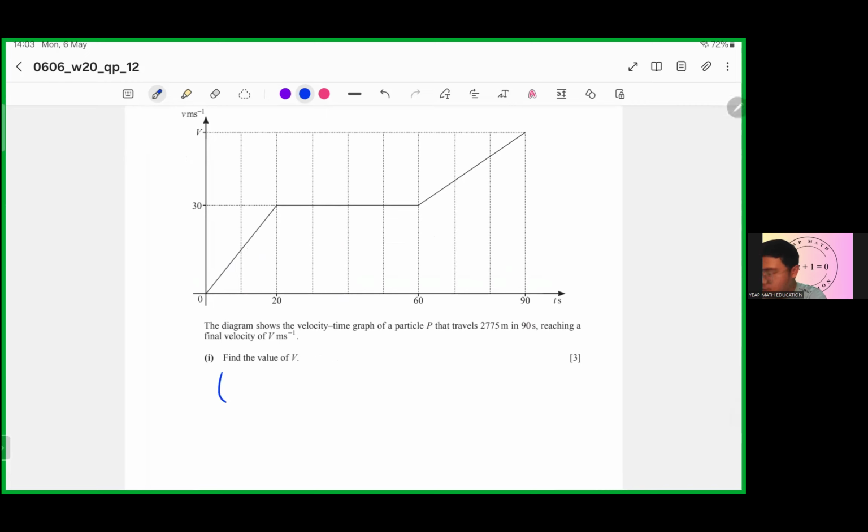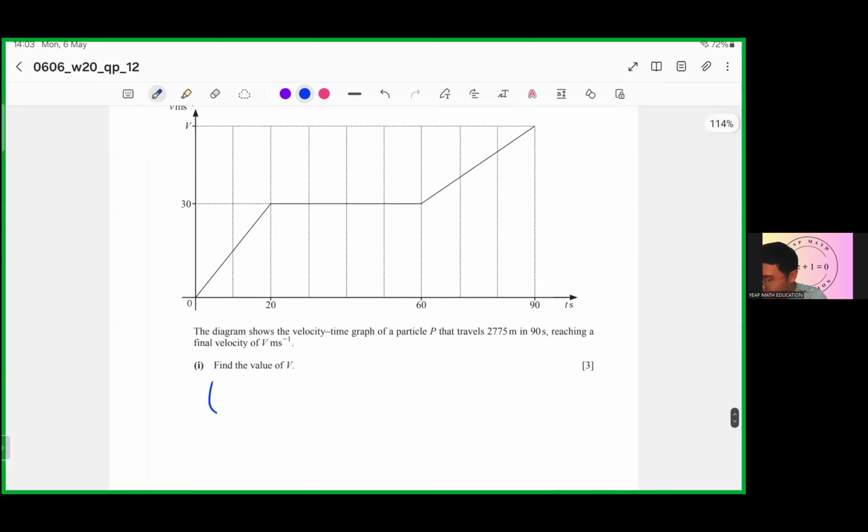Because displacement equals the area, velocity multiplied by time, we can use that concept to find it.